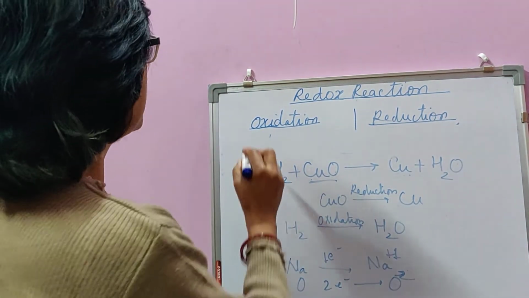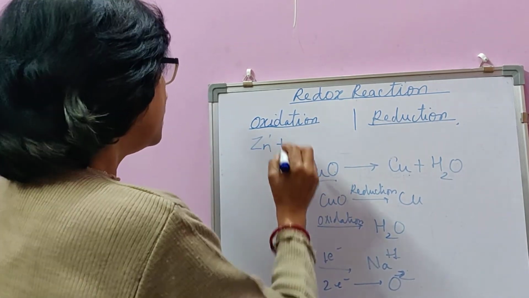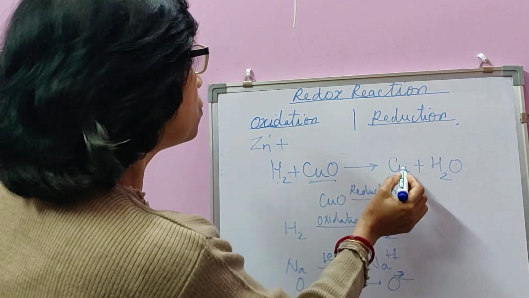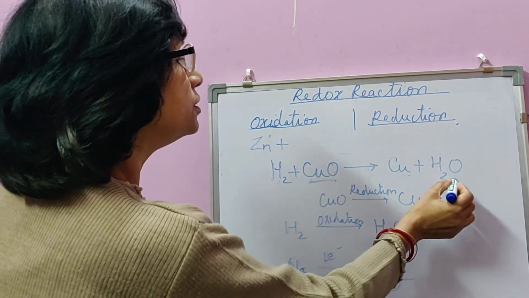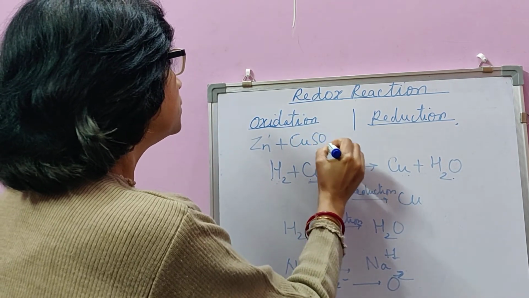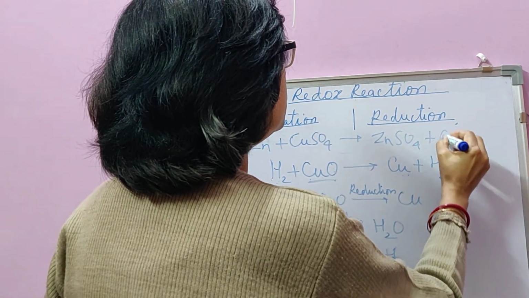I'll give you one more example, the same one we discussed before, to understand better. Cupric oxide is reduced to copper, whereas hydrogen is oxidized to water. Now take this: Zn plus CuSO4 gives ZnSO4 plus Cu.